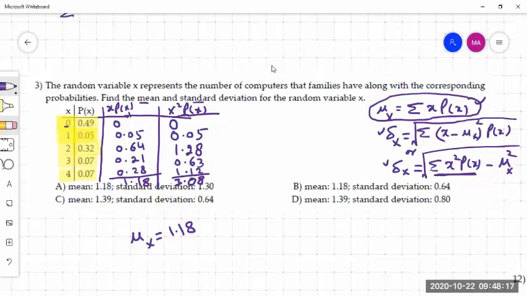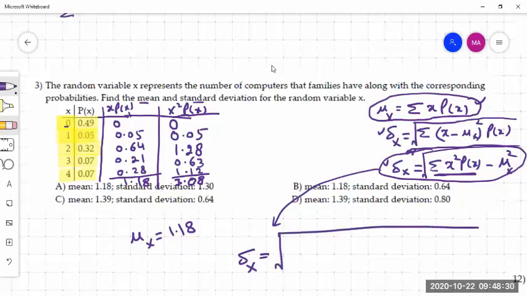Then from this equation, let me bring it down. σx is equal to the square root of the sum of x squared P(x), which is 3.08, minus the square of the mean, 1.18.